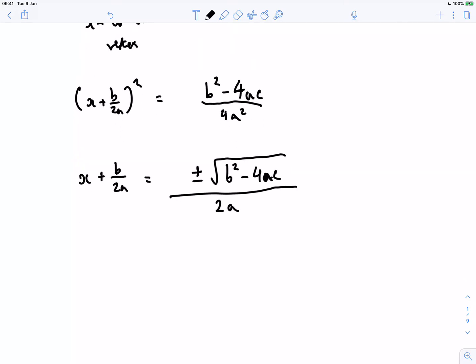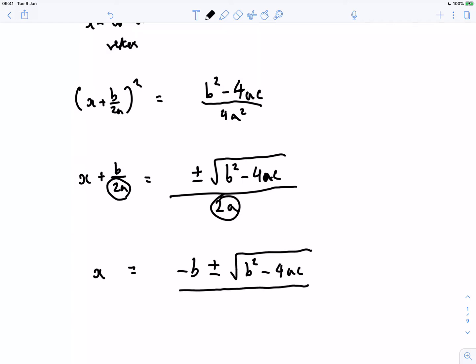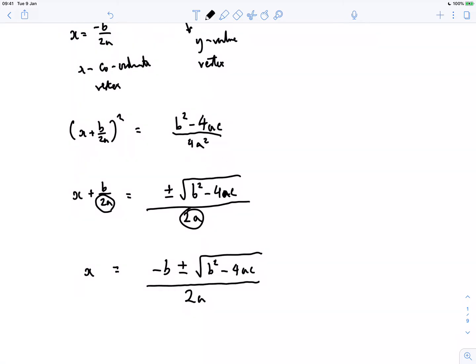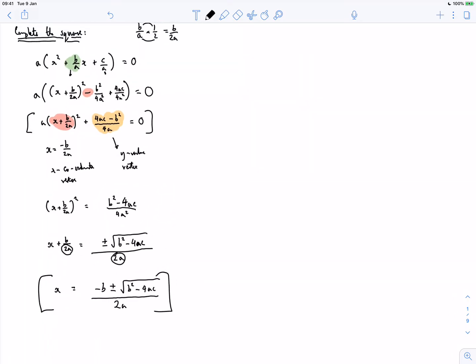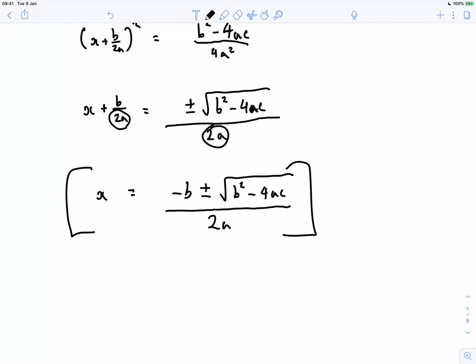Now, if I subtract b over 2a to the right-hand side, because they both have the same denominator, this is going to be x equals minus b plus or minus the square root of b squared minus 4ac all over 2a. So, this form of solving the quadratic is being done by taking the general quadratic and completing the square. But actually, this form is also known as the quadratic formula.